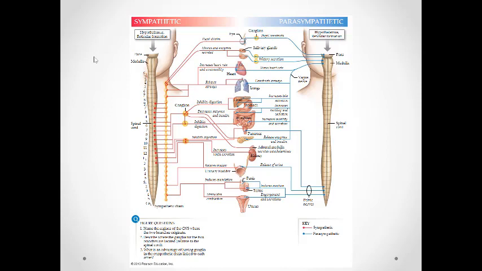Mucus and enzymes are going to be secreted. Your pupils are going to dilate so that you can see better. You're going to inhibit digestion. You're not going to have any digestion occurring. So your body is going to be in a state of readiness whether you choose to fight or flee.